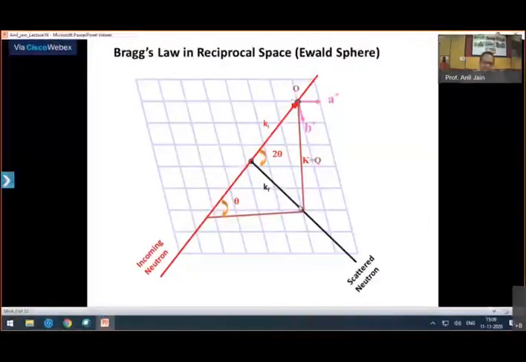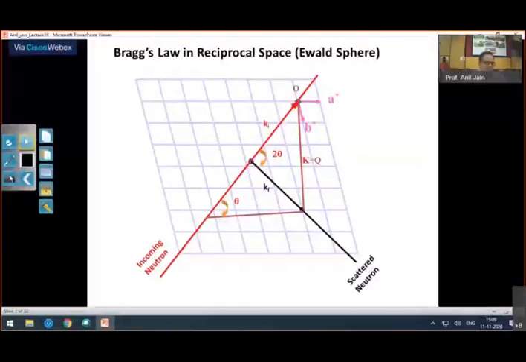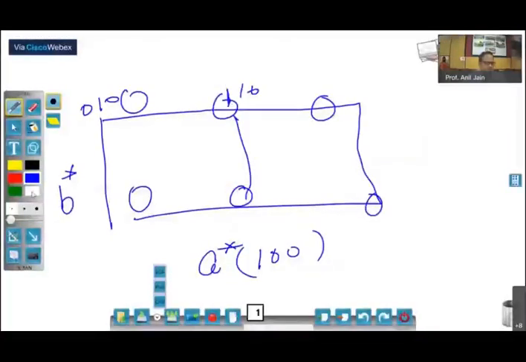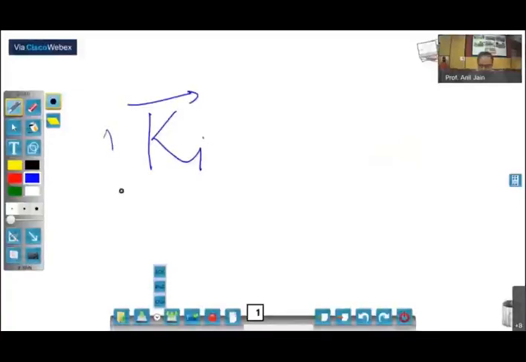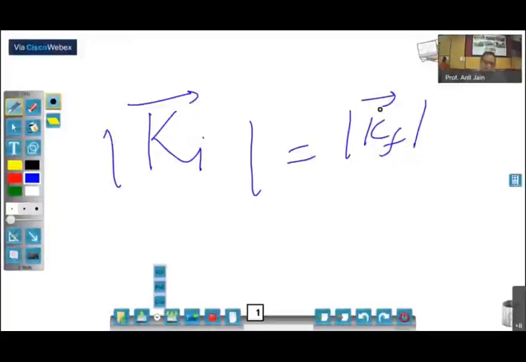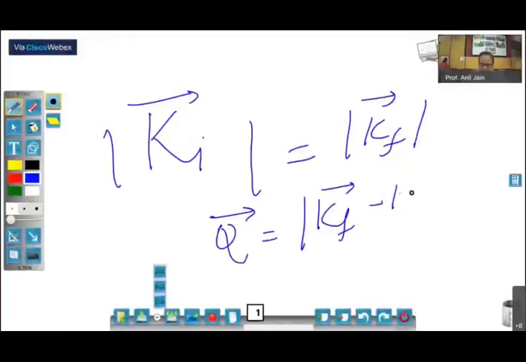So this is Ki, this is Kf, and when we are doing a diffraction experiment, what we assume is that the magnitude of Ki and the magnitude of Kf are the same, and you get the diffracted beam when Q, which is the momentum transfer, Kf minus Ki, becomes one of the reciprocal lattice vectors of your sample.